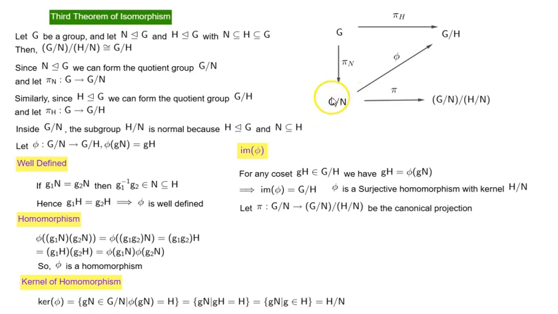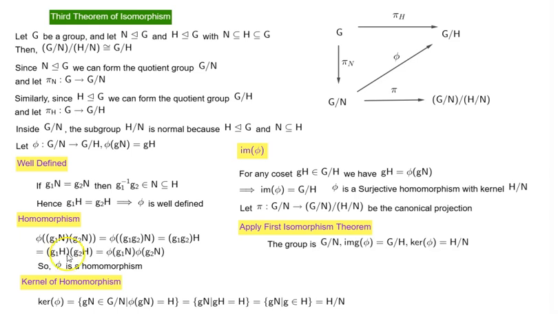Yes, G/N is a group, G/H is the image of phi, and H/N is the kernel. Are you able to map it to the first theorem in your mind? So we apply the first isomorphism theorem.